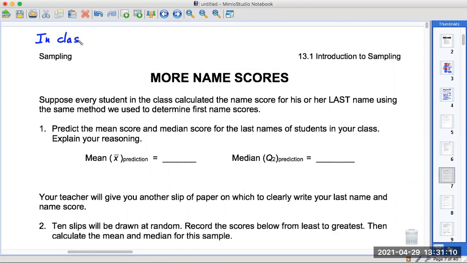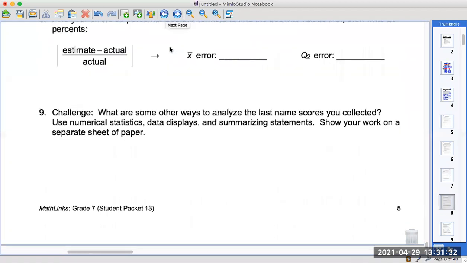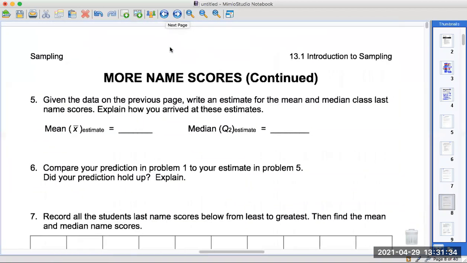You're going to find your name score. That's going to be interesting. See the average, the X bar. You're going to find the average name scores. It's going to be easy. Don't worry. Not too much math involved. This whole math can be done with adding and subtracting, multiplying and dividing. And then page 5 is in class.